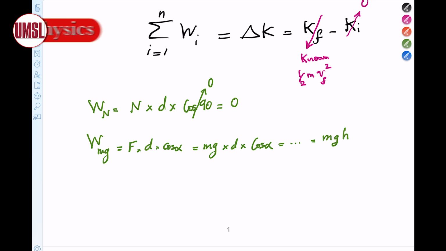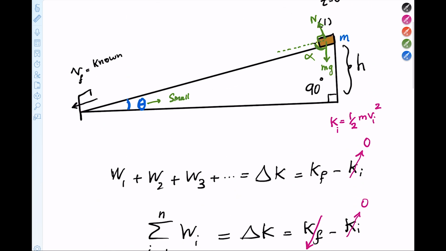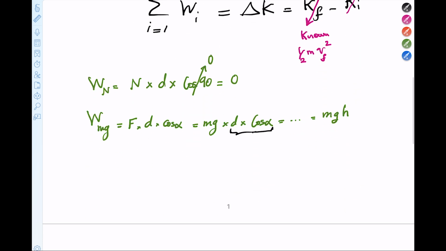This d cosine alpha, this displacement here, d times cosine of this angle, will be equal to h. So this is h.